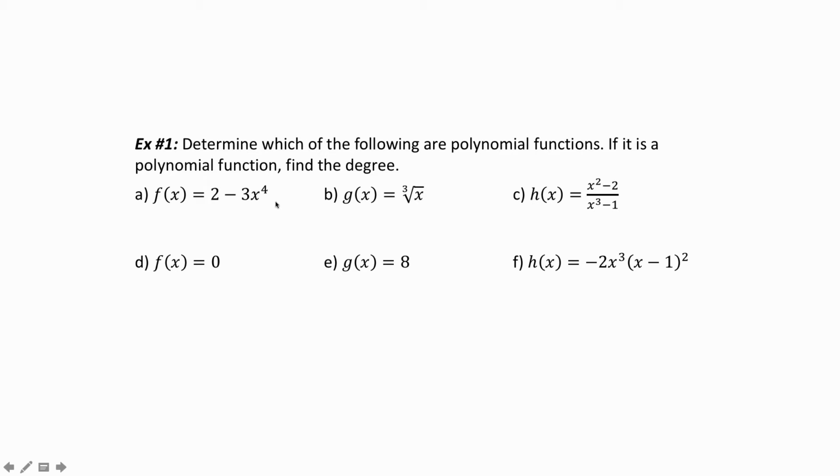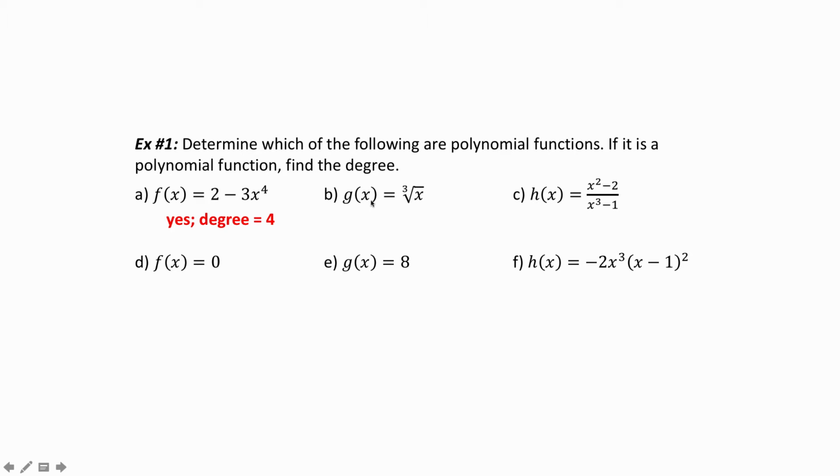So this is going to be a polynomial function, and now we want to talk about its degree. Well, the degree is just the highest power of a single term. So this is x to the 0, this is x to the 4th, so our degree is going to be 4. So we have a degree of 4 here.